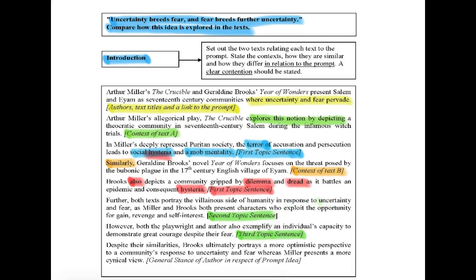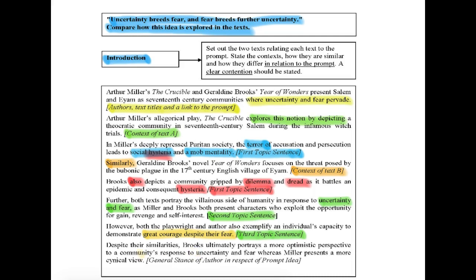So that is the second topic sentence, which we had already brainstormed. And then the next part is, however, both the playwright and author also exemplify an individual's capacity to demonstrate great courage despite their fear. So linked back to the prompt with the fear idea is the third topic sentence.